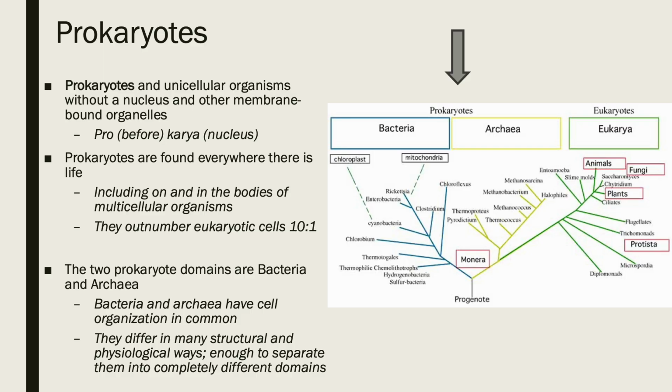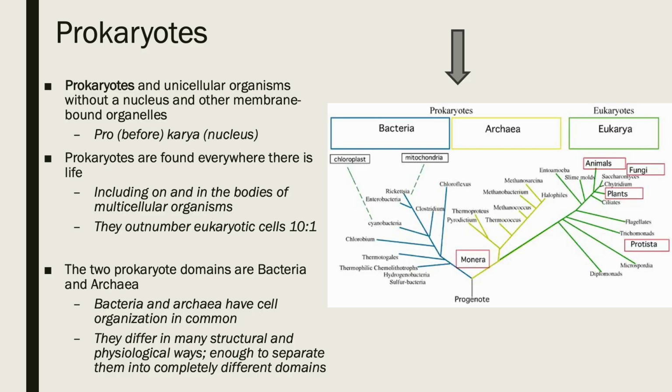These are the prokaryote friends, and the word itself can give you the definition. So pro, Latin for before, and karya, Greek for kernel, or at this point we know it now as the nucleus. So these organisms were thought to have been created or evolved before those with a nucleus, so prokaryotes.